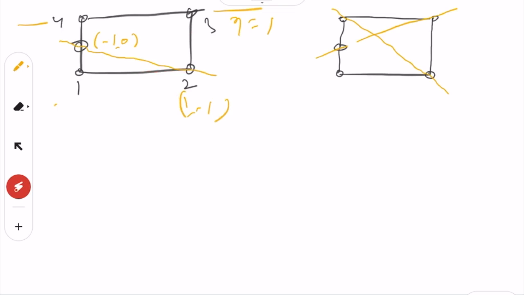So the equation is, maybe this is 2, xi plus 2 eta equal to minus 1.